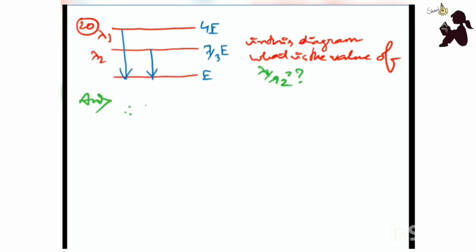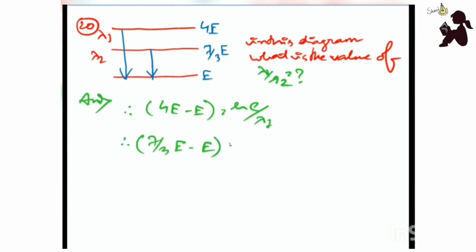For the first case, that is our lambda 1, what we are seeing is 4E minus E, its energy transition we are writing here, that will be Hc by lambda 1. And for the second energy transition, we are seeing 7 by 3 minus E equal to Hc by lambda 2. So we just have to put their values here.